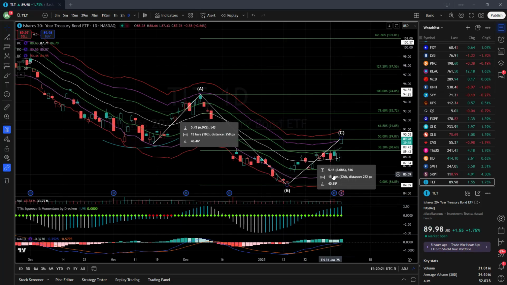Those have 16 days to go. So what's going to happen from here is if TLT is above 90 at expiration, I will have to let go of those 500 shares. That's going to be a capital gain there because my cost basis is below 90. So that's income stream 1.